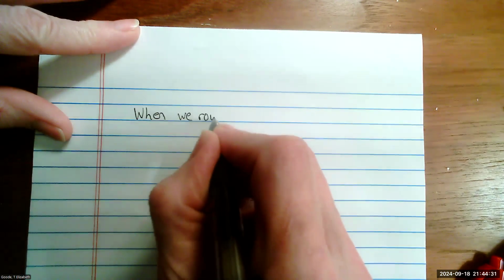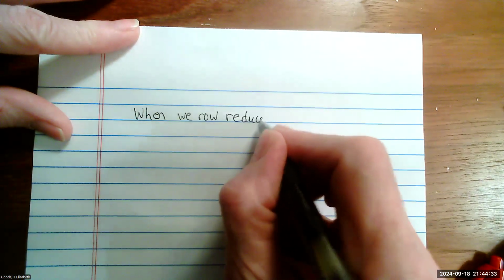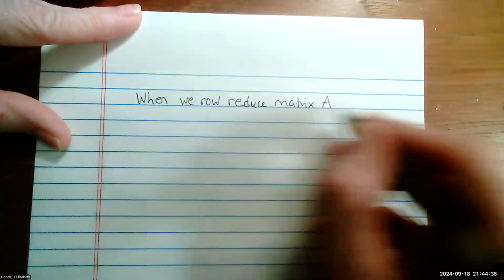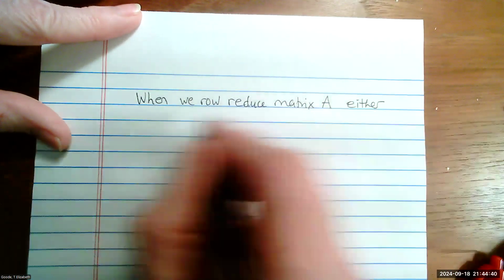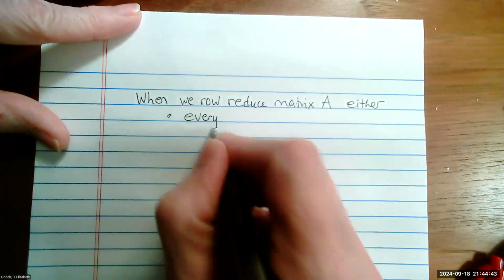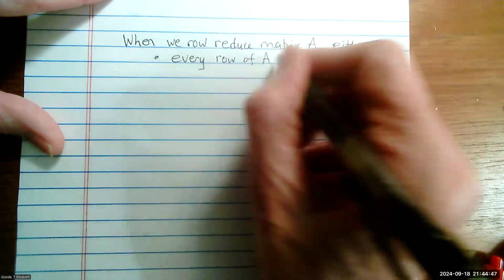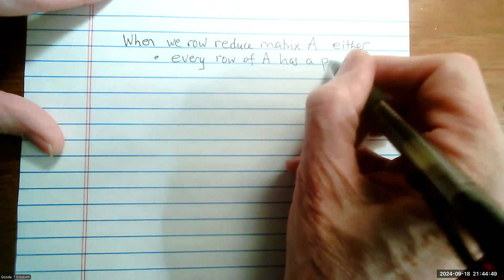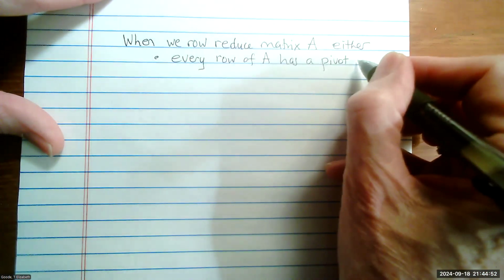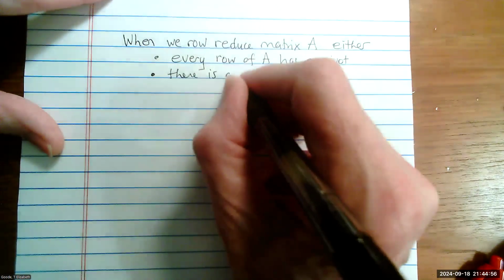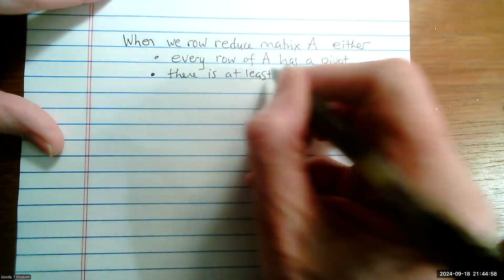So remember, when we row reduce A, either every row of A has a pivot position, or there is at least one row that does not have a pivot.